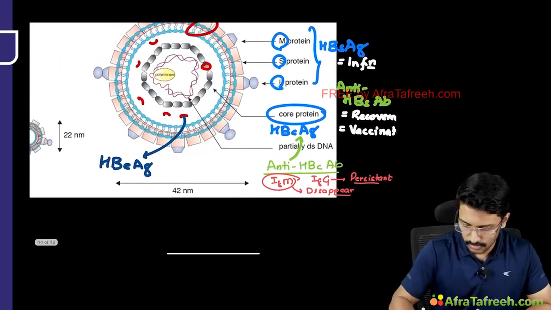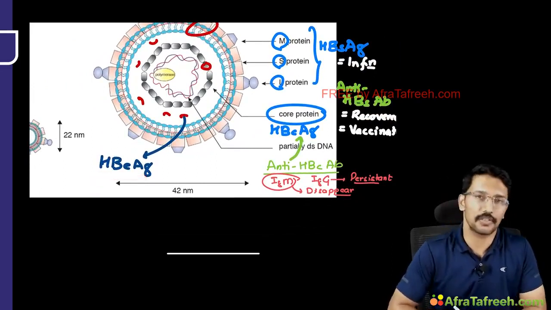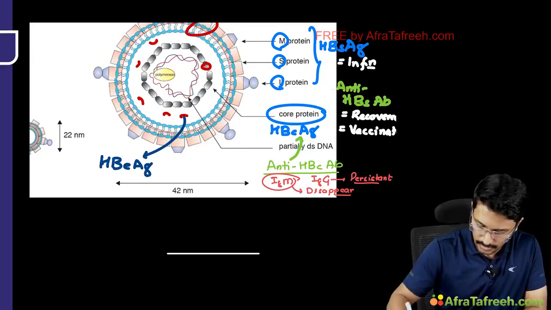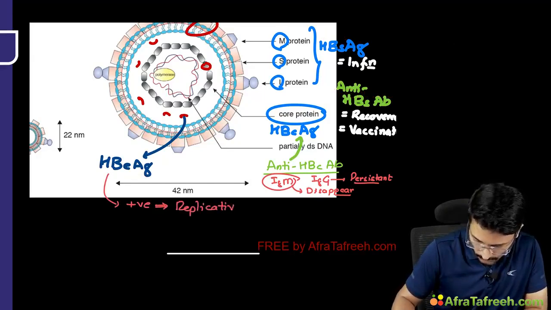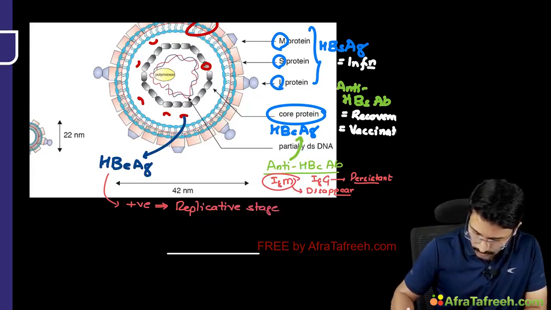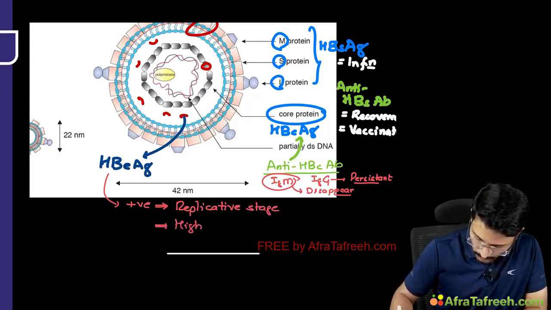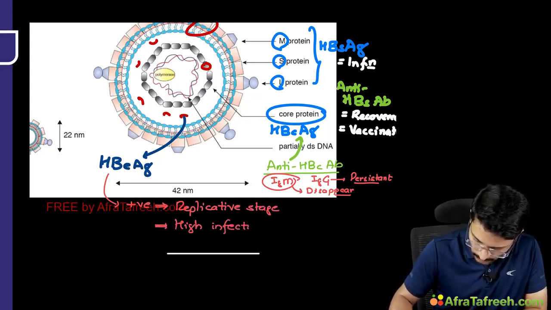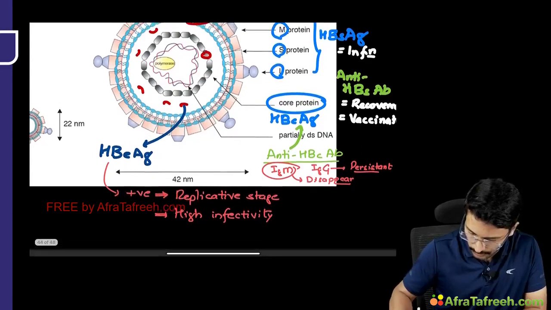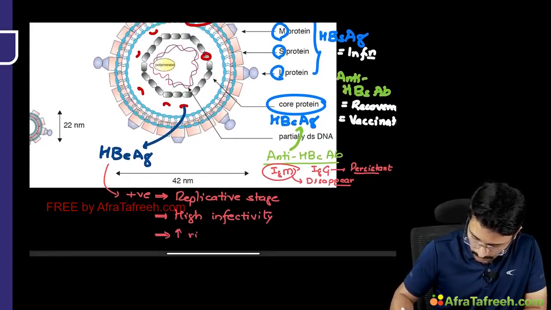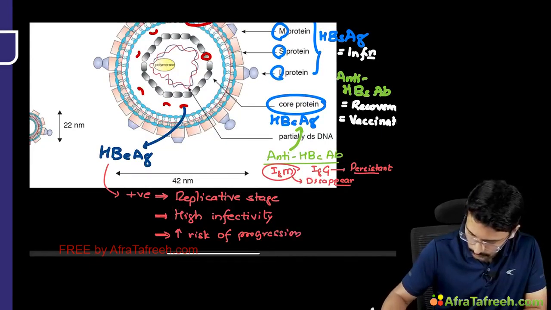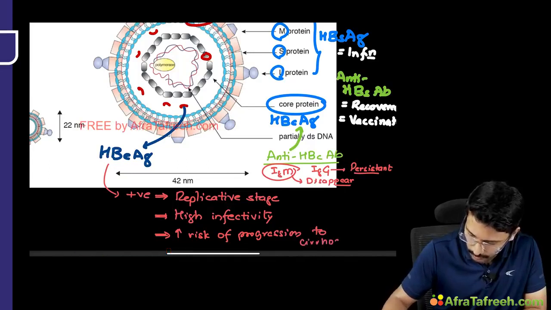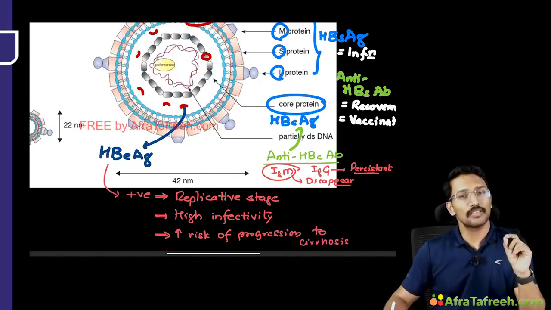Okay, now coming to the last antigen, that is HBe antigen, right? So what HBe antigen indicates, its positive status indicates that patient is in a replicative stage. Replicative stage, that means there is high infectivity, and also there is higher risk of progression to cirrhosis, because we have to remember that HBV is not a cytopathic virus.